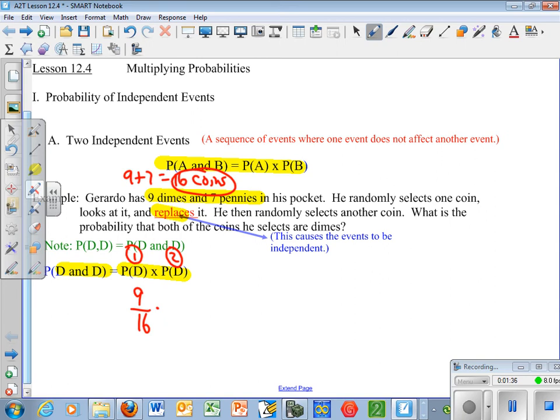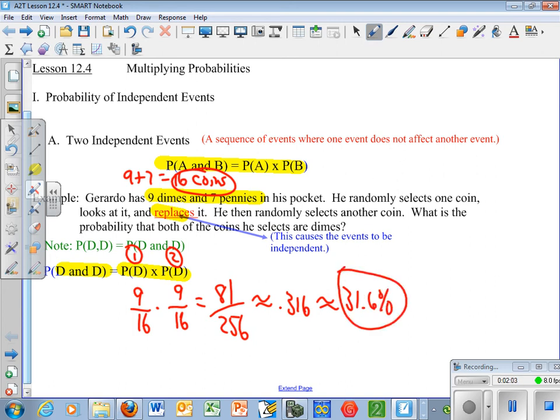He put it back in, so we still have 16 coins in the pocket on the second draw, and he still has 9 dimes, so it would be times 9 over 16, and if I multiply that, that would be 81 over 256. 16 squared is 256, and I would suggest dividing these. That's going to be about 0.316 or about 31.6% probability. So you multiply the two probabilities together.